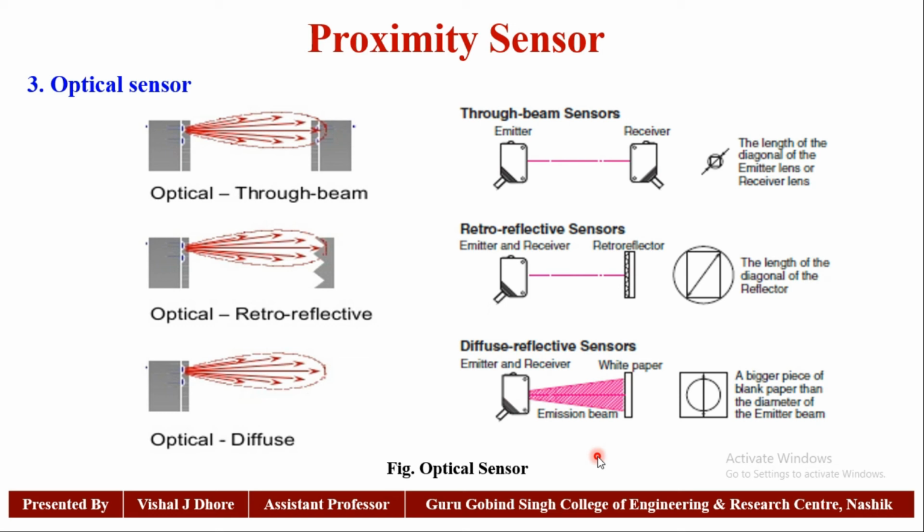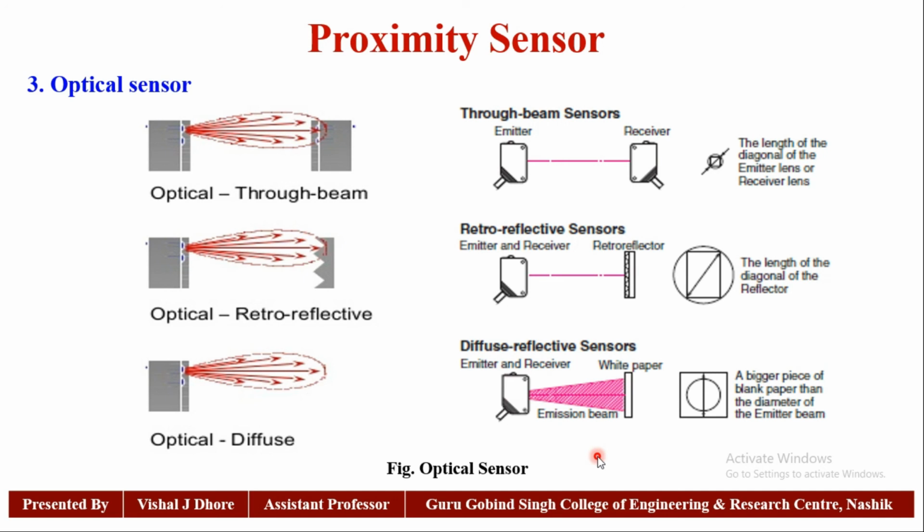A good example is the photoelectric proximity sensor. Photoelectric proximity sensors use a beam of light to detect the presence of objects that block or reflect the light beam. A beam of light passes from the light source and a phototransistor detects the presence or absence of light from the source.